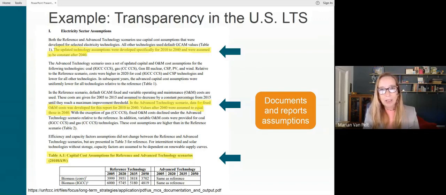The second example, highlighted by the second arrow, presents another interesting piece of transparent information, which is that these O&M costs were developed for this report for 2010 through 2040. That signals to the reader that the analysis was new and was created for this documentation.